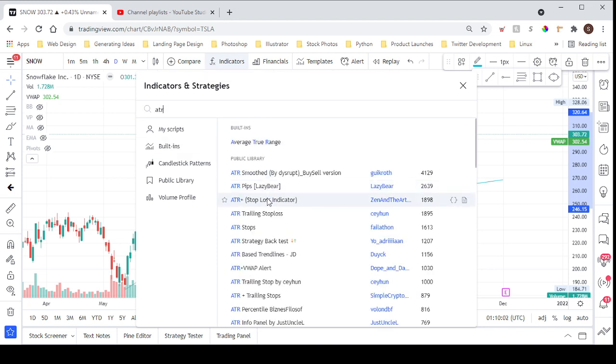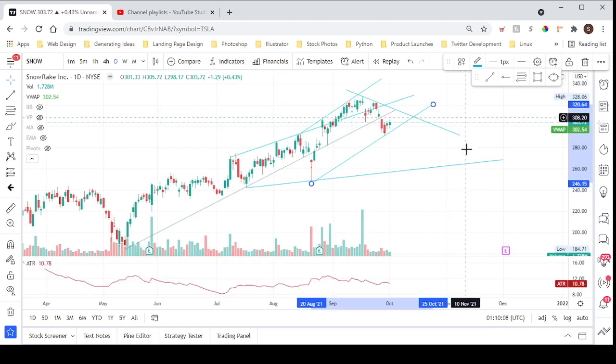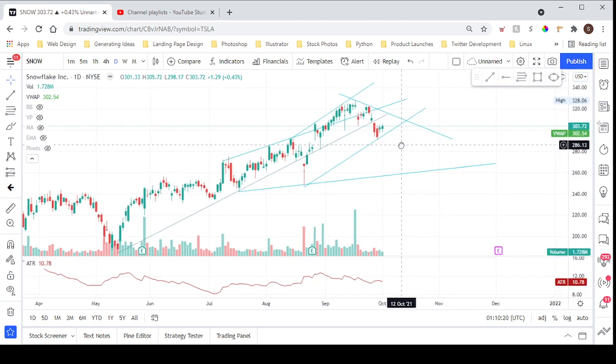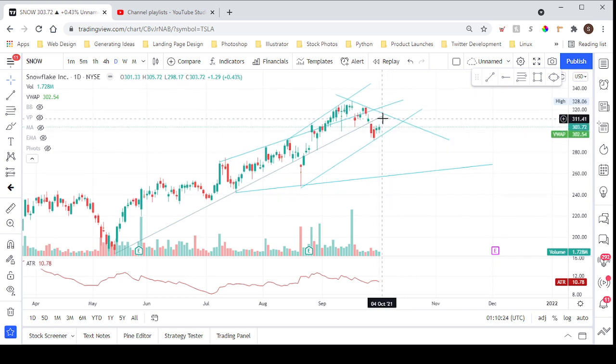The average true range is going to tell you what the average range that the stock has moved, and that'll let you know if it's a strong mover or okay. This stock is a decent mover right now. It's 10, so that's like a $10 move there. So it could move. Looks interesting, because it could make this run up to this point here.